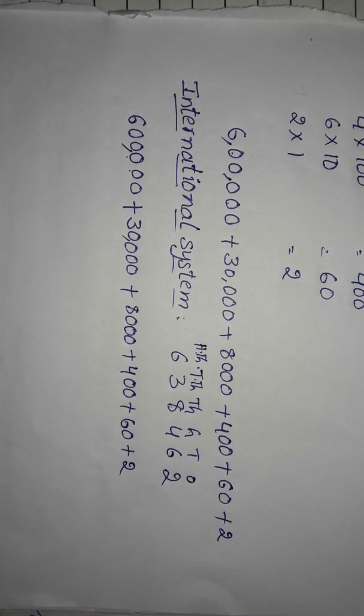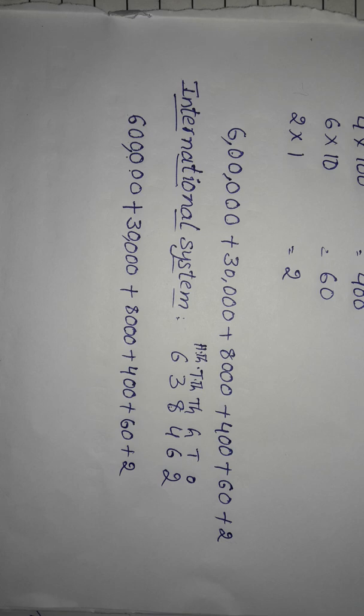It is the international system. 600,000, 30,000, 8,000, 400, 60, 2. International system completed. Now I will write one more example for you.